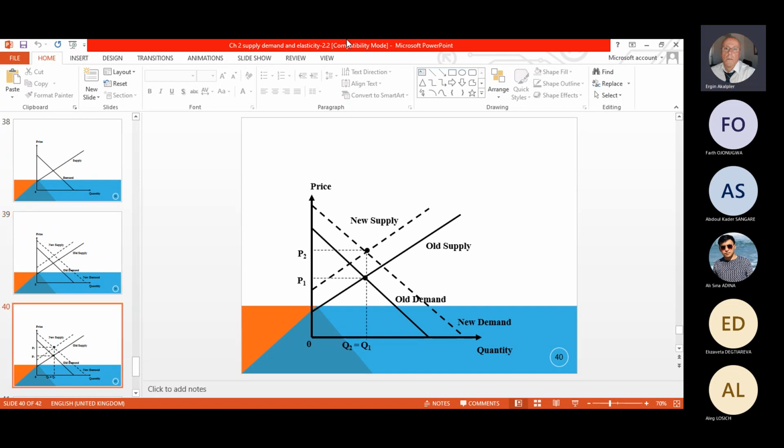The quantity stays intact, but the price changes because demand is affected by this new supply and comes to a similar position.